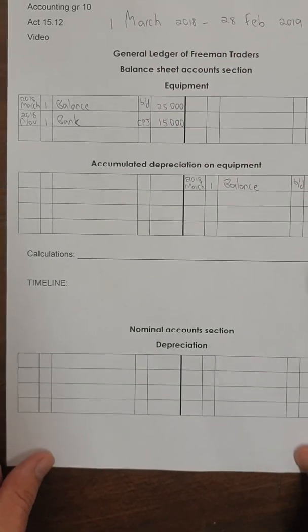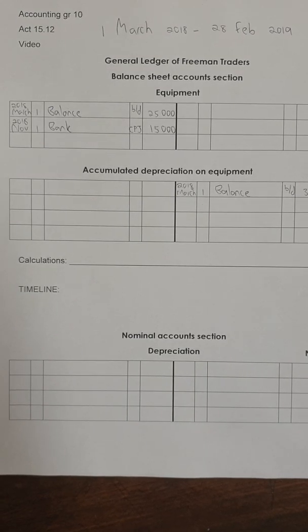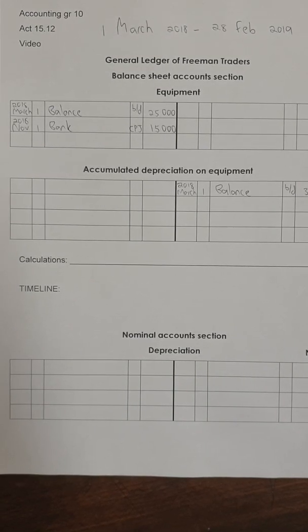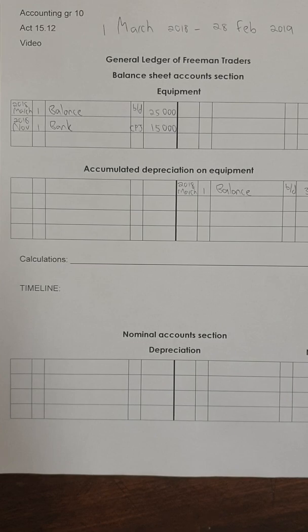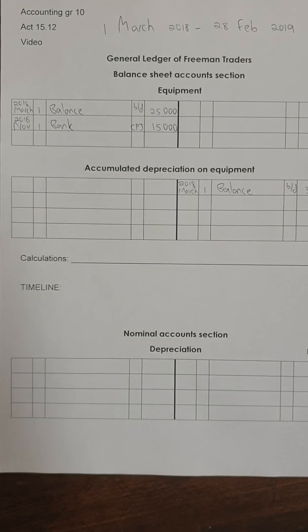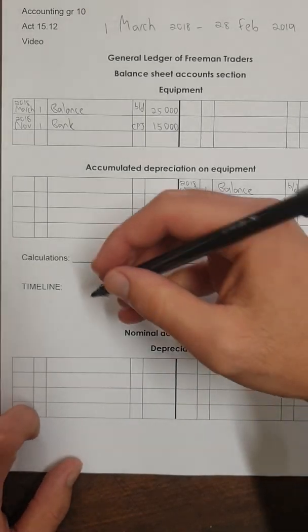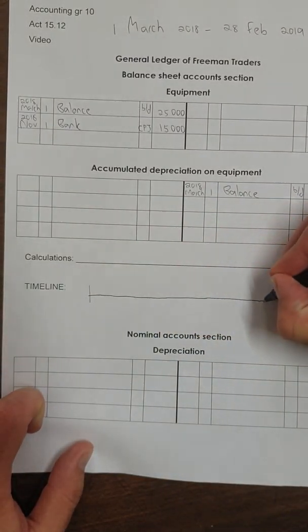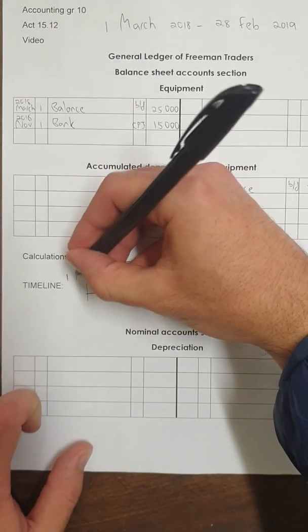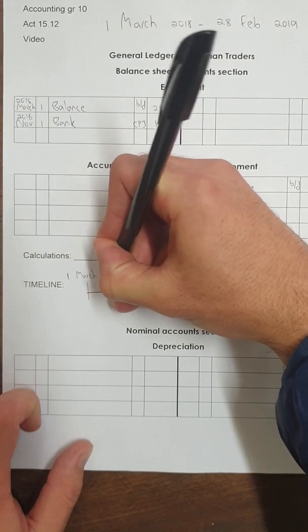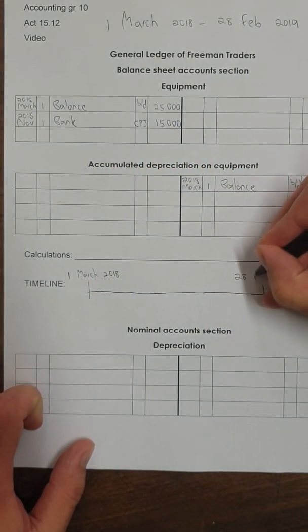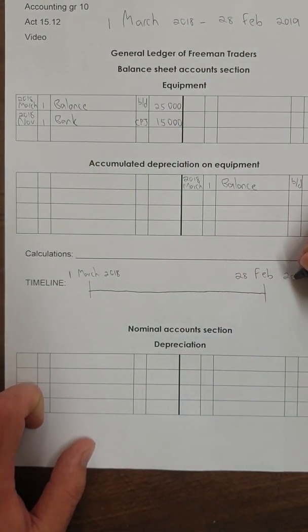Then on the 28th February, they tell us to write off depreciation at 15% per annum on the cost price. So now we have to first go and draw our timeline for the financial year. So our financial year from 1 March 2018 until 28 February 2019.